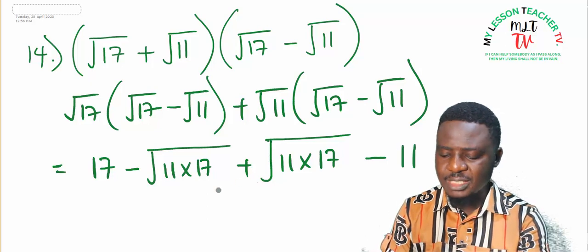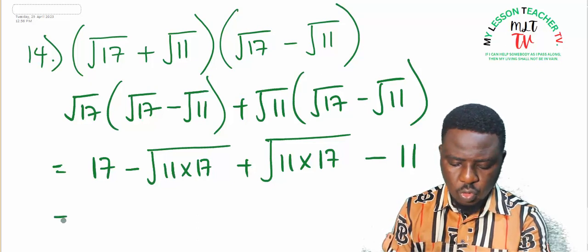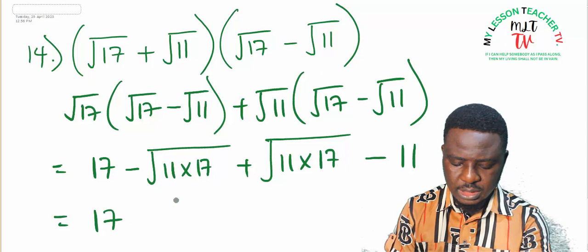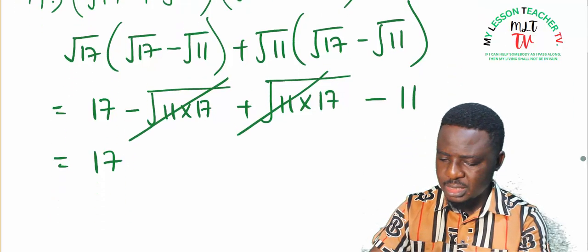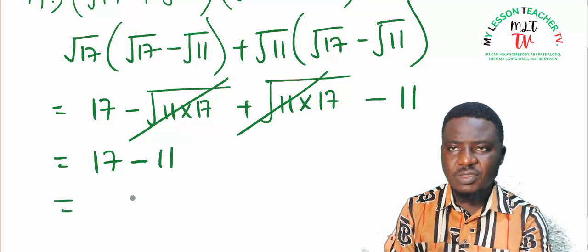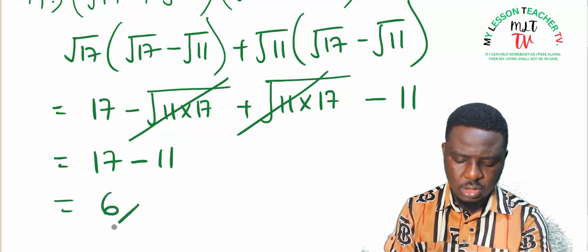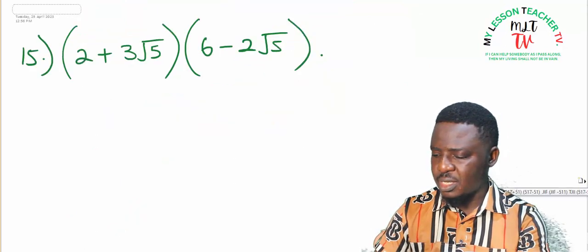Now I had to leave it like this because they are too big for me to memorize. So this is equal to 17. This will neutralize this, leaving us with minus 11, and 17 minus 11 is said to be 6. So our answer is 6.